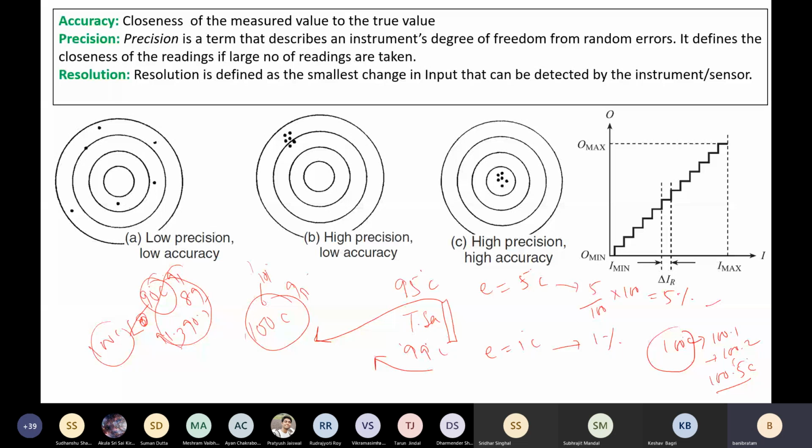We need to understand the relevance and interpretation of this terminology so that we can understand the characteristics of a specific sensor, and by looking at the data sheet and these specifications, we can understand whether a particular sensor will suffice our job or not, right? So till now, if you have any doubts, please let me know.